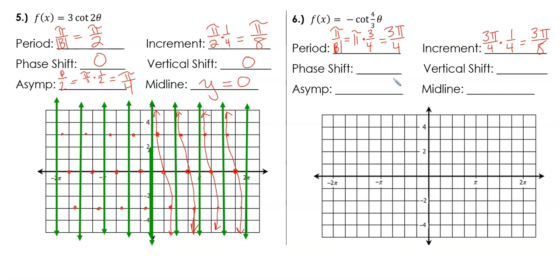Again, we're still not adding or subtracting anything here, so my shifts are still 0. My midline is still 0. And I'm not really worried about this asymptote, but it is 3 pi over 4 divided by 2, or times 1/2. So this is going to be 3 pi over 8. Oh, and I'm goofy. This is 16. 4 times 4 is 16.